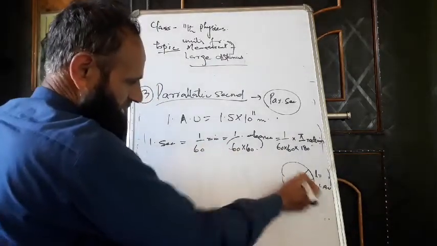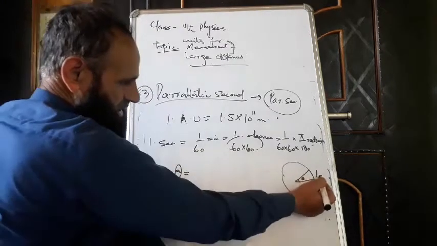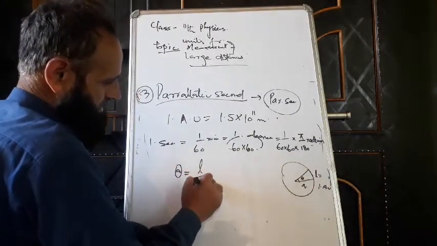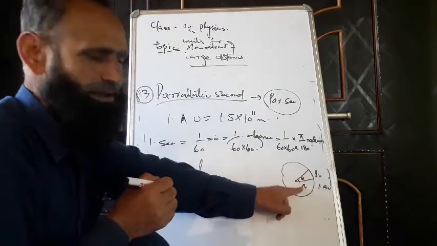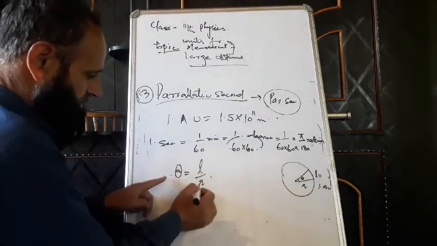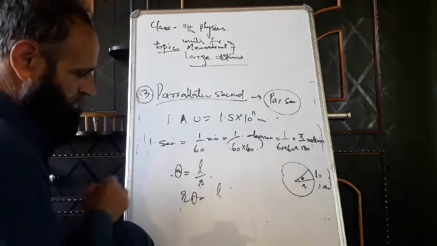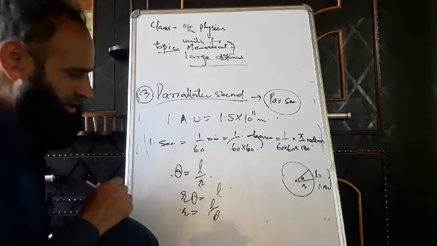We know that theta is equal to the angular displacement divided by radius, L by R. So r theta is equal to L, and R is equal to L by theta.